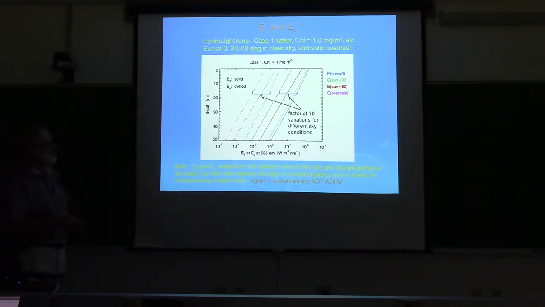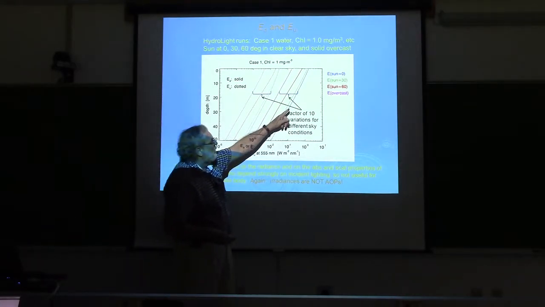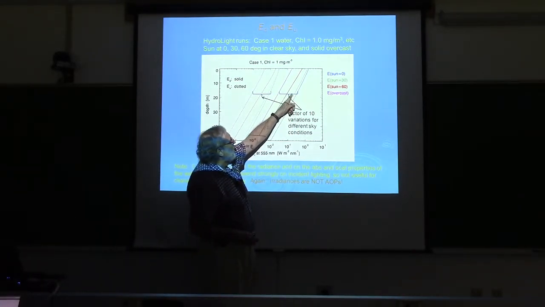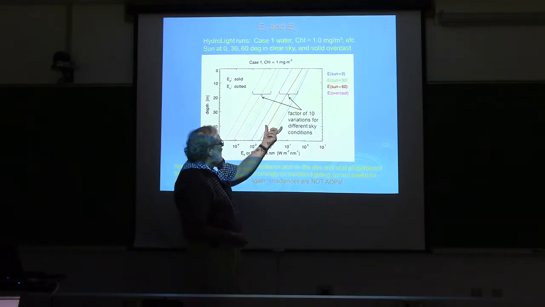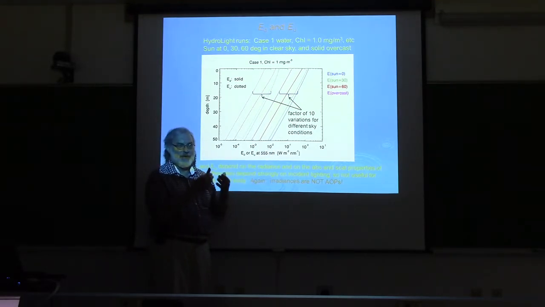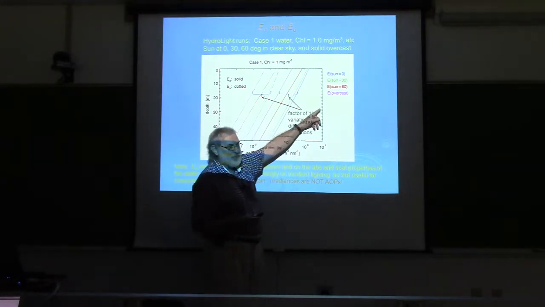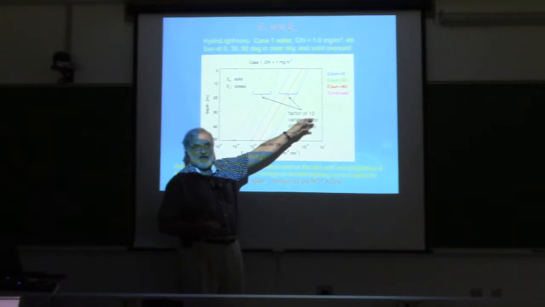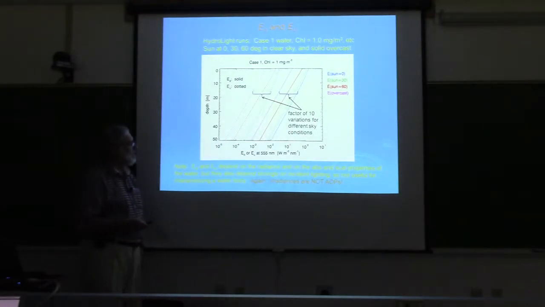Notice if you look at going from the sun straight overhead to an overcast sky, that's basically a factor of 10 difference in ED. So that's why an irradiance really can't be related directly to what's going on in the water, because it's very sensitive to sky conditions and sun angle.